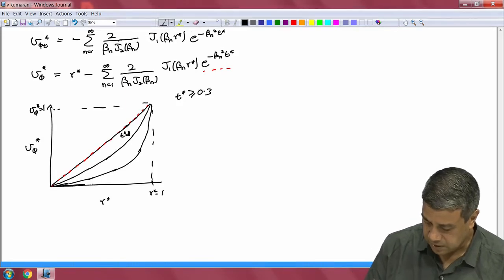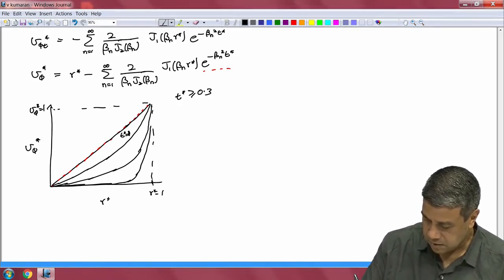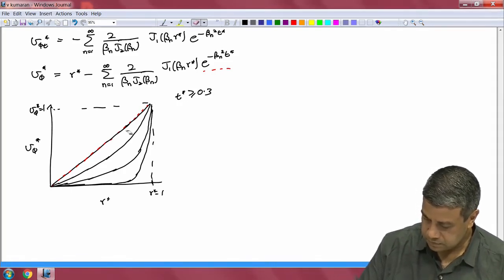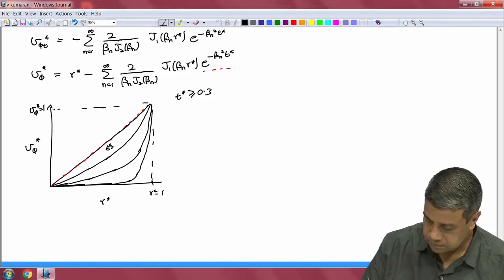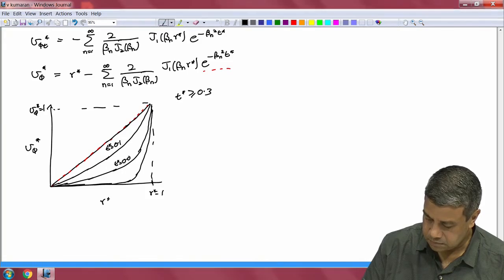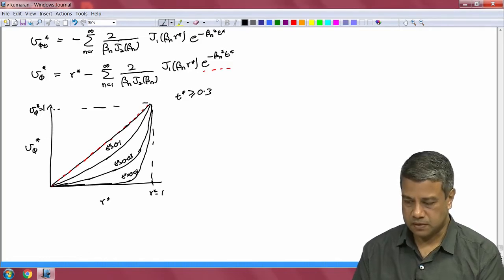So, you get something that goes like this. t star equal to 0.01 is the lowest one.